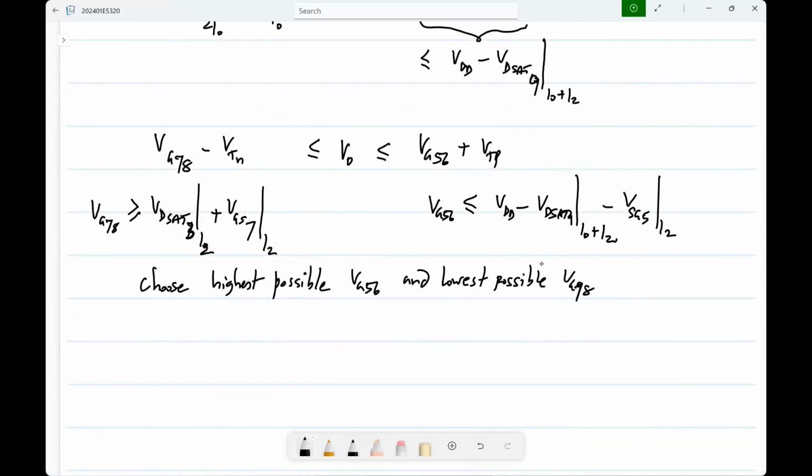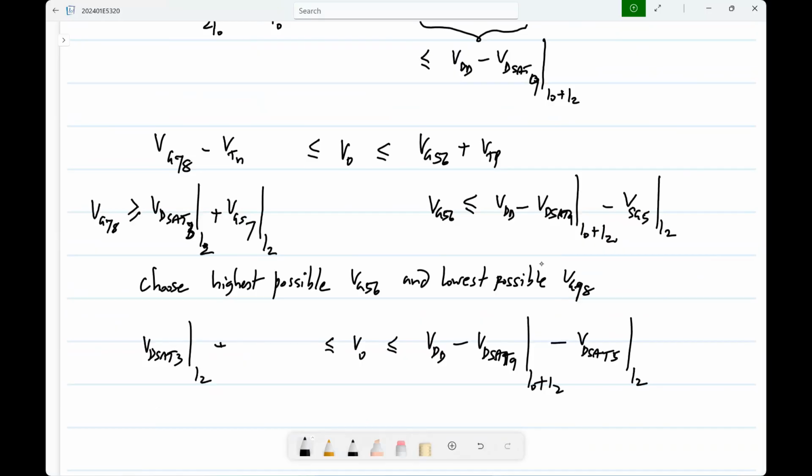If you do that, you will get V0 to be basically the upper limit will be and here okay. That's what it will be.